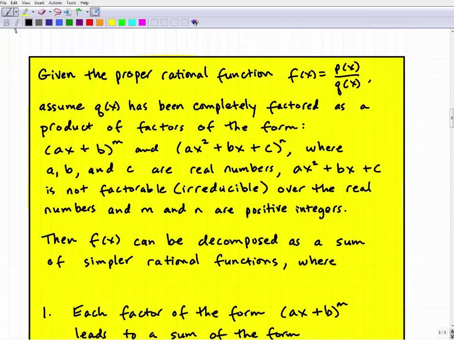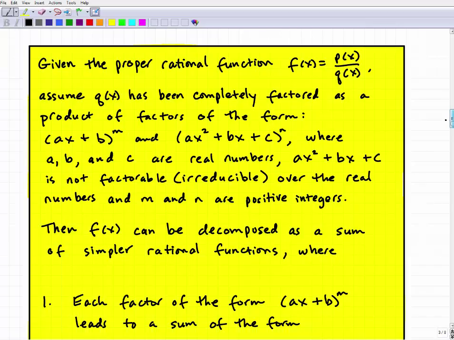We all know what real numbers are, not complex numbers. Ax squared plus bx plus c is not factorable. Sometimes they use the word irreducible, but that just means it can't be factored anymore over the real numbers, in m and n, the exponents here are positive integers.